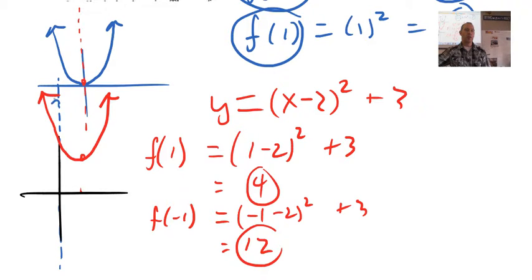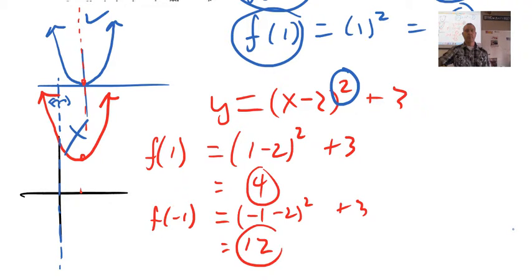It is not symmetrical about the y-axis. There is a line of symmetry, but for the purposes of this chapter, an even function gives us a line of symmetry on the y-axis. So this is even up here, this is not even. Even though it has an even degree, it's not an even function.